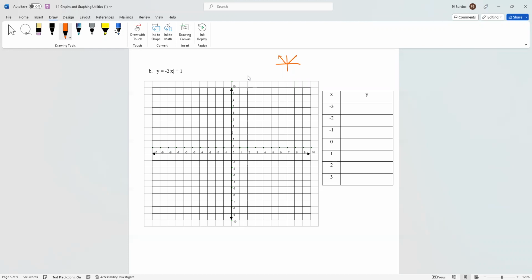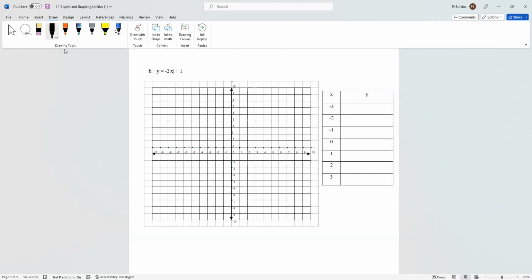Now, ours might be flipped over, shifted left or shifted up or whatever, but that's the parent function. That's what just absolute value of x looks like. So we're expecting some kind of V shape out of this thing, okay? Now, again, you don't have to know that. It's just nice to know before you start working.